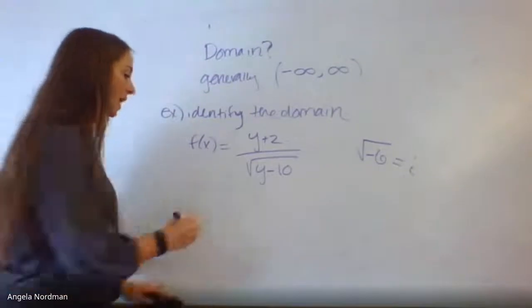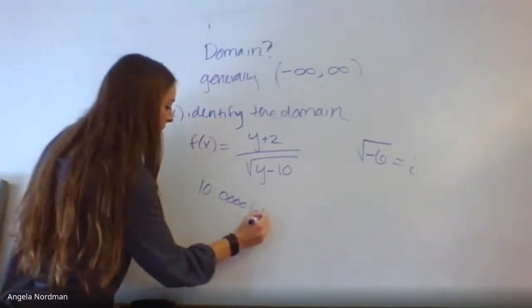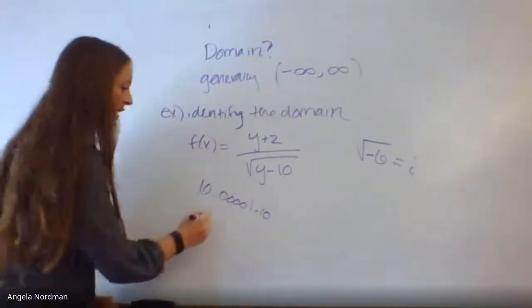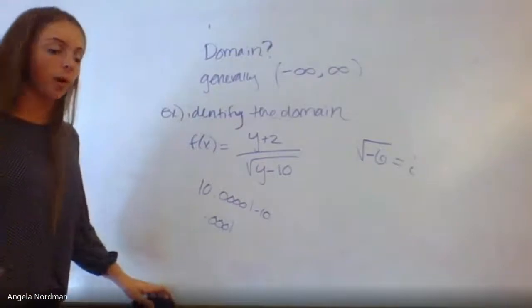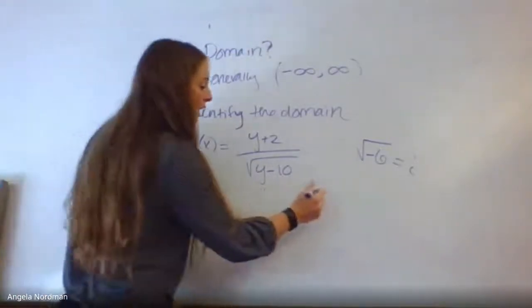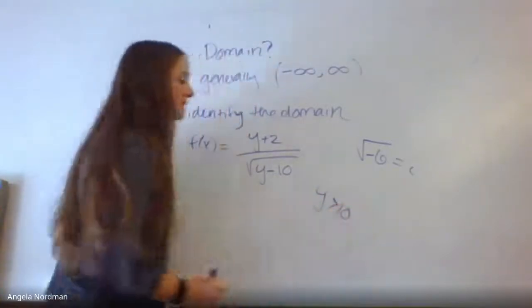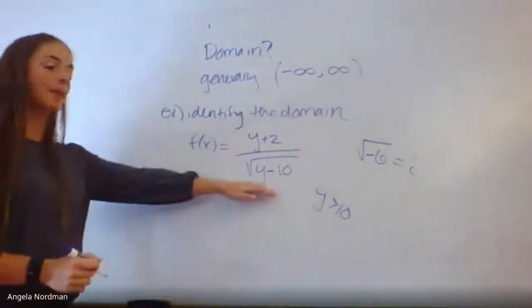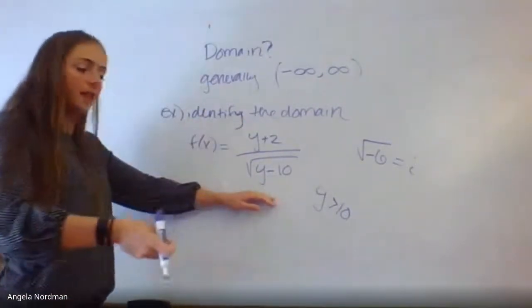So what if I had 10.00001 minus 10? That is 0.00001, right? So I'm over that 0 hump. So basically, if I have anything where y is greater than 10, for my denominator, that works, right? I just have to get over that hump of 10.